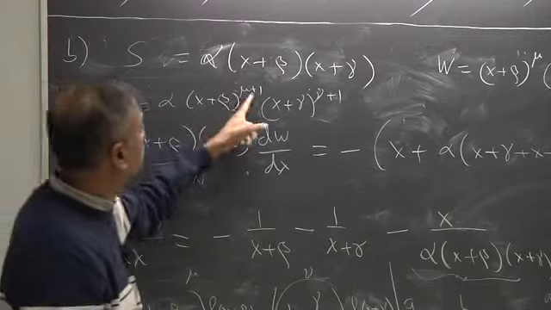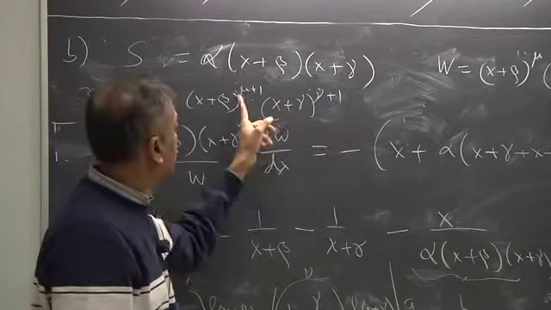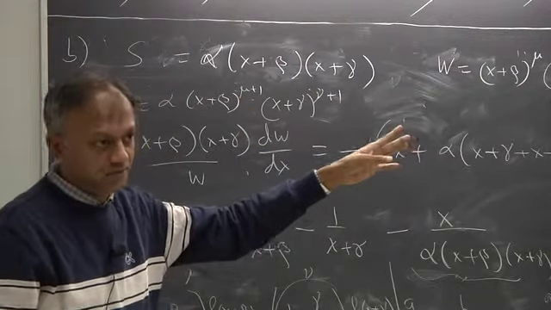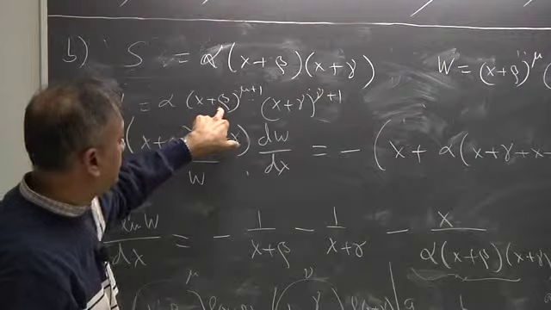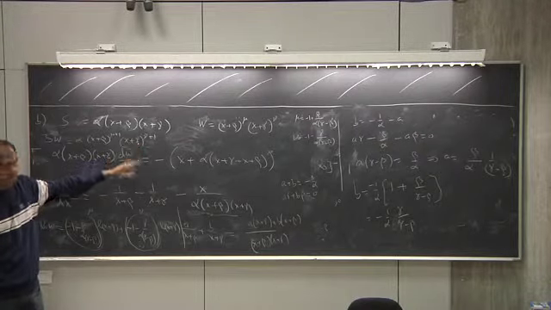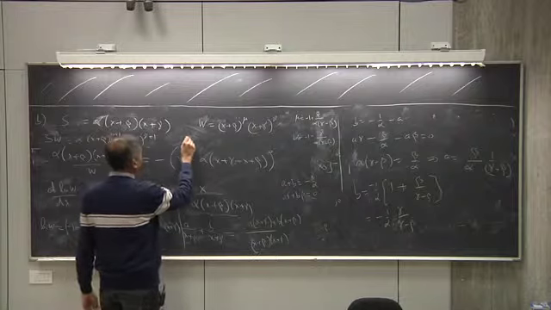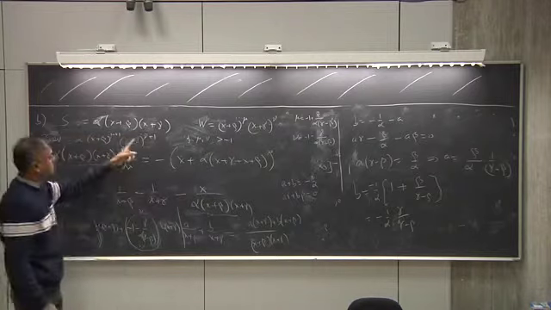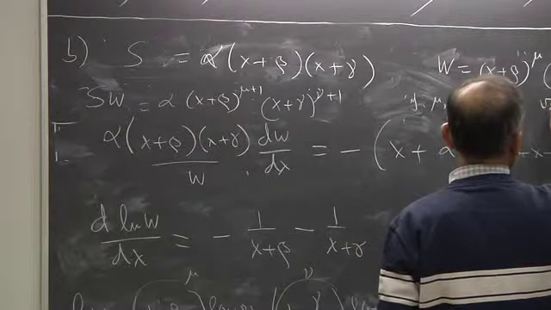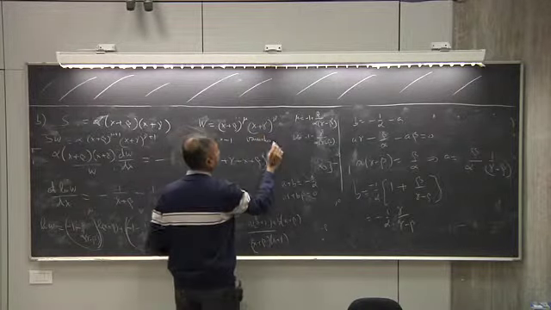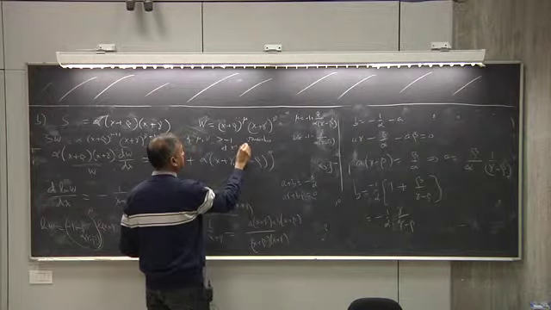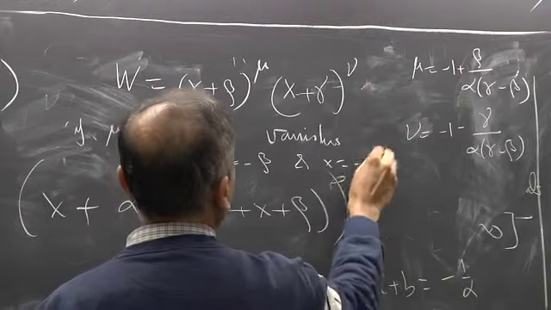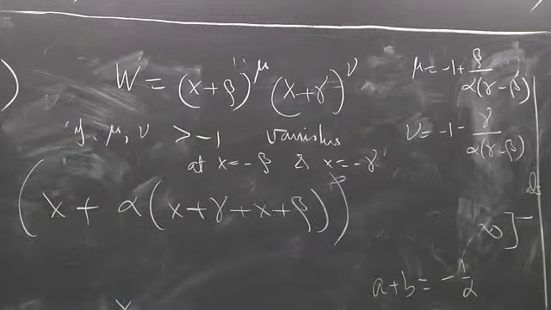And that will happen if mu and nu are greater than minus 1, so that mu plus 1 and nu plus 1 are greater than 0. Then this vanishes at x equal to minus beta and x equal to minus gamma. So this will be my interval, minus beta to minus gamma.